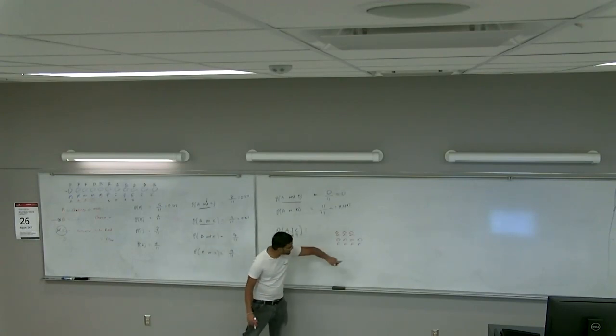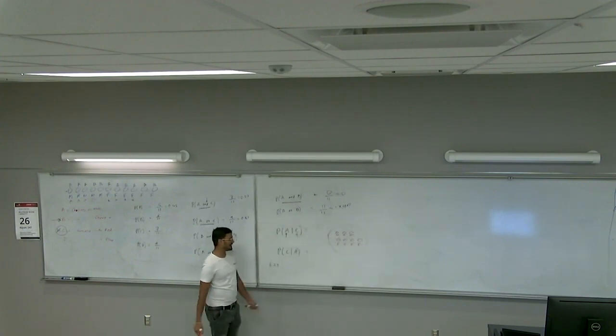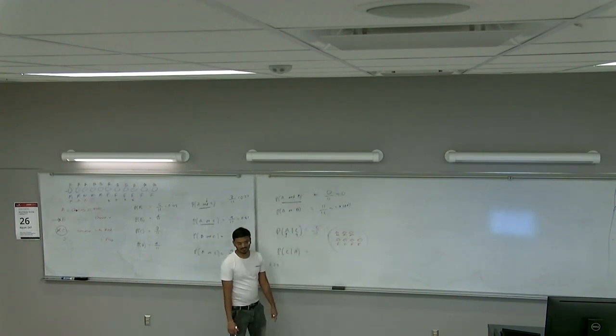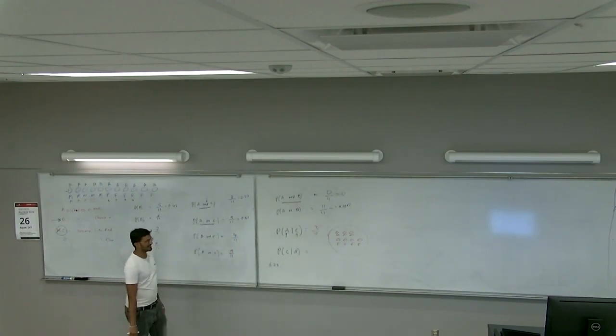And from this set, what is the probability of having a male? That's 3 out of 7. You don't need any of those formulas to calculate conditional probability when you have a sample space like this.